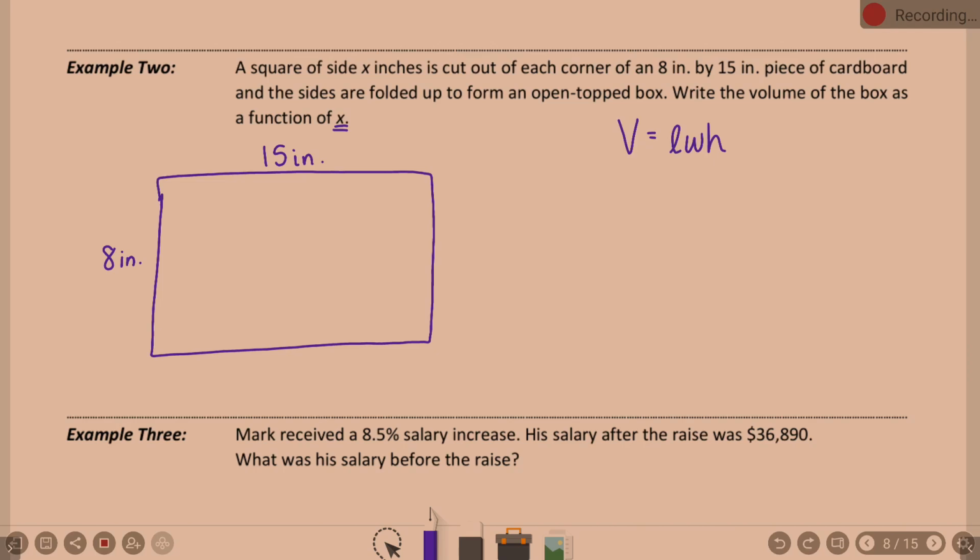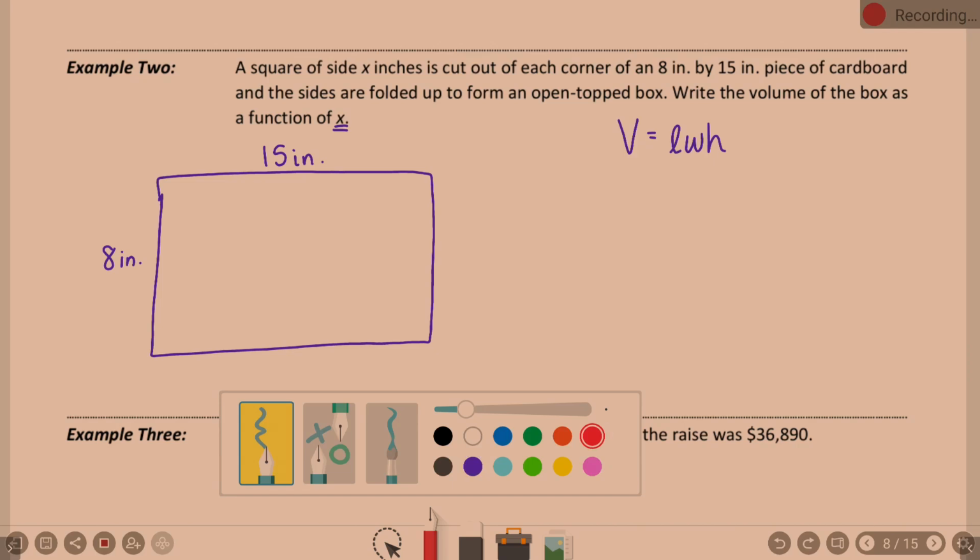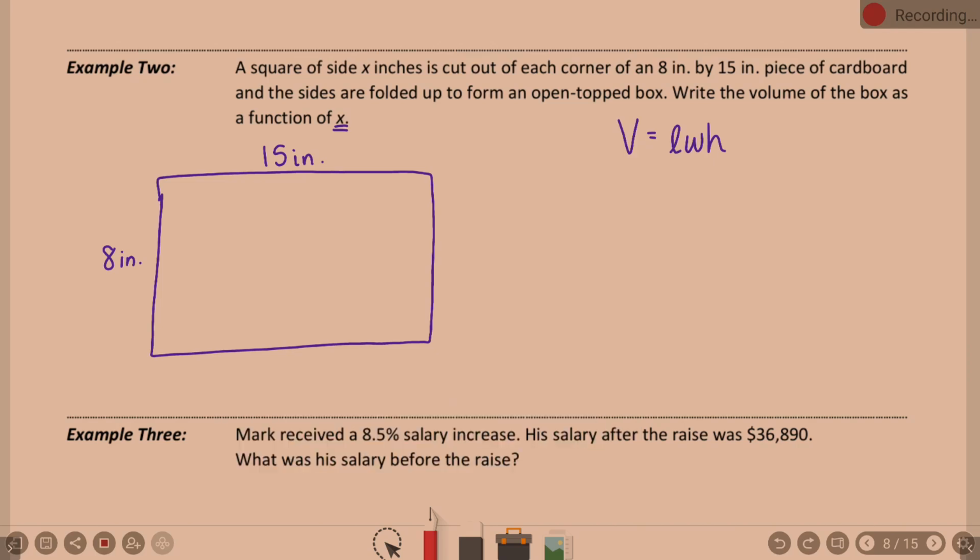What's done? x inches is cut out from each corner. So a square, x inches, so x by x, right? So a square like that is cut out of each corner. We're just going to pretend these are all squares, because mine don't necessarily look very square-like. And we're going to do this with all 4 corners.